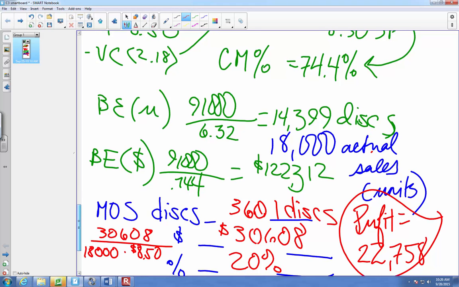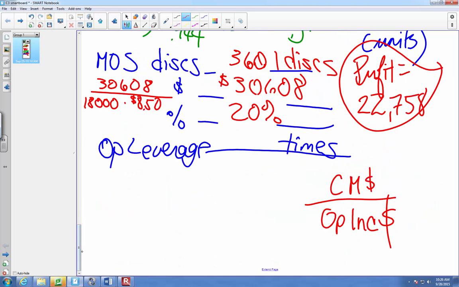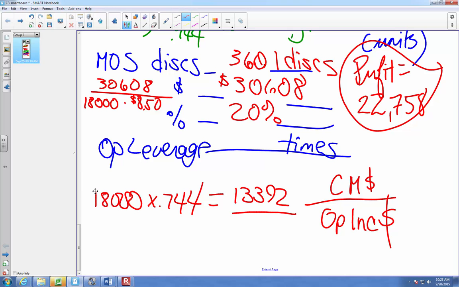I'm selling 18,000 desks. .4% of that is contribution margin, right? How much are my fixed costs again?